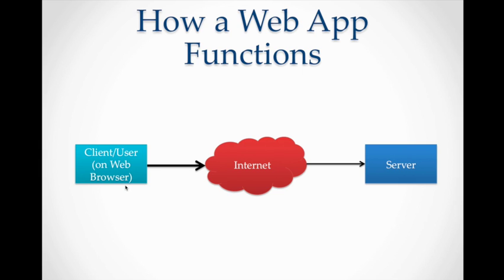So that's exactly what happens behind the scenes for a web app. The client, when you sit on the web browser and you write google.com on the address bar, that google.com is actually the address. So when you write that address, the browser goes to the internet.